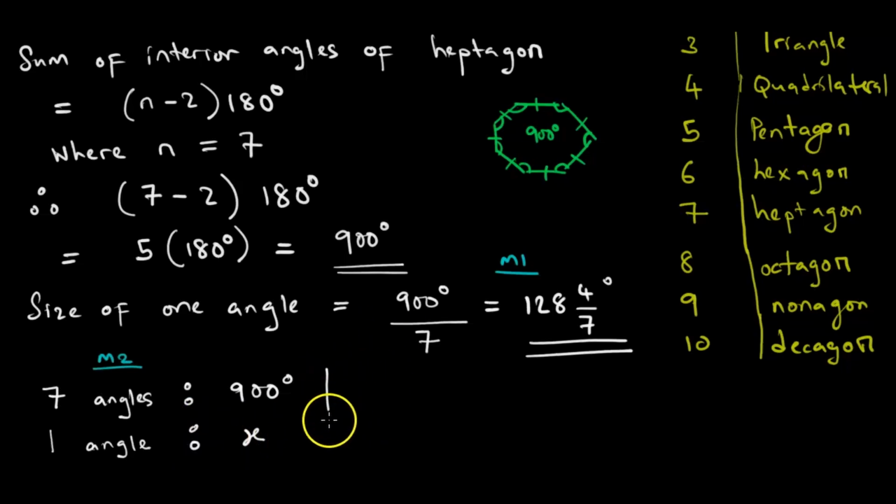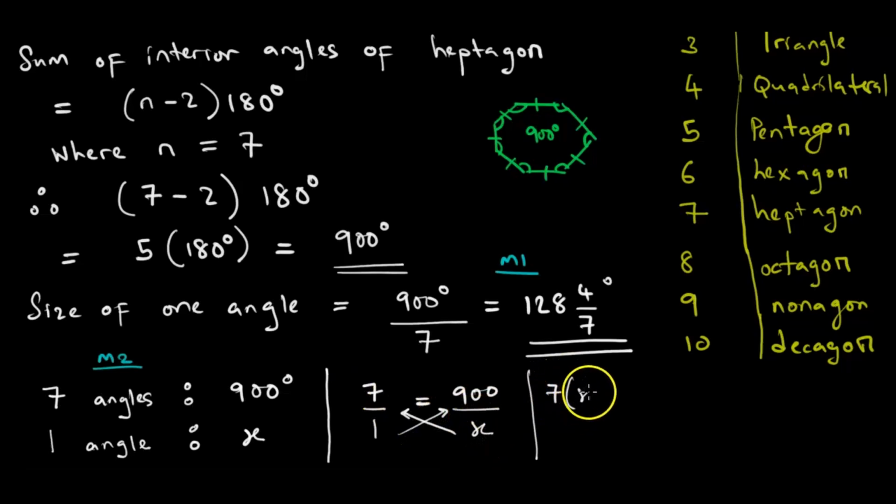So let me continue working it here. 7/1 is equal to 900/x. Then cross multiplication: the x from the denominator multiplies the numerator, so 7 times x is equal to 1 times 900. So it's just 900 times 1.